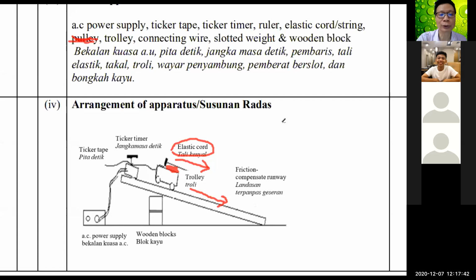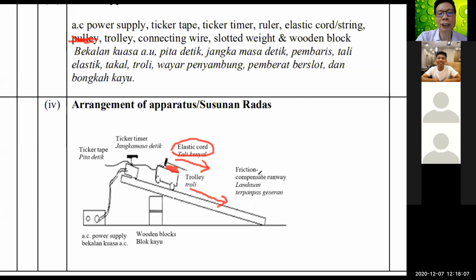Diagram, you must learn how to draw. The ticker timer is on top here, the ticker tape is behind, this is a connecting wire, power supply, this is the trolley. Slotted weight you put on top here. Use plasticine to stick the slotted weight on top to make the trolley heavier. Please label: this is the slotted weight.